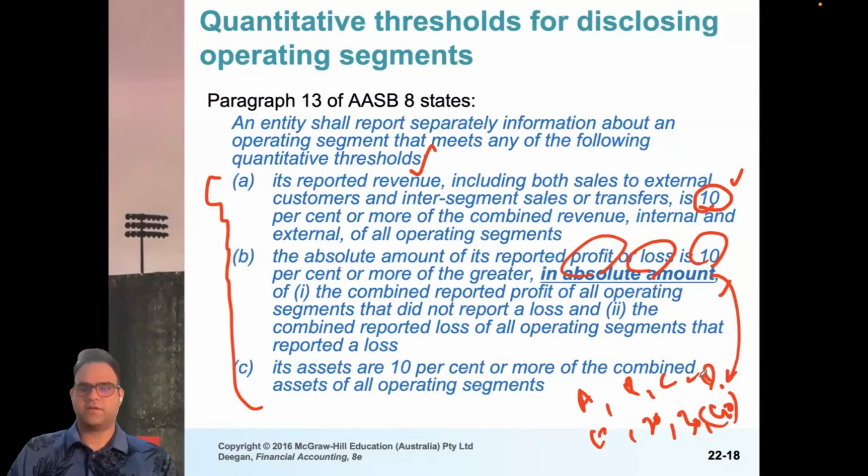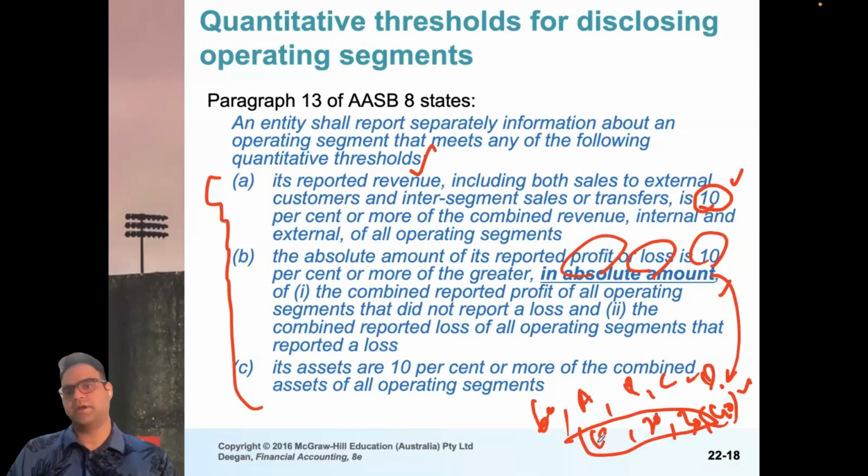So absolute does not mean that you include everything and treat the loss as a negative figure. Absolute means the total profit of the profitable segments, which is 30 plus 20 plus 10, which is 60. So 60 is the absolute profit in this case. If the segment has 10% or more of that profit, it is considered a reportable segment. Finally, for assets, if the segment has 10% or more of the assets, it is considered part of the reportable segments.